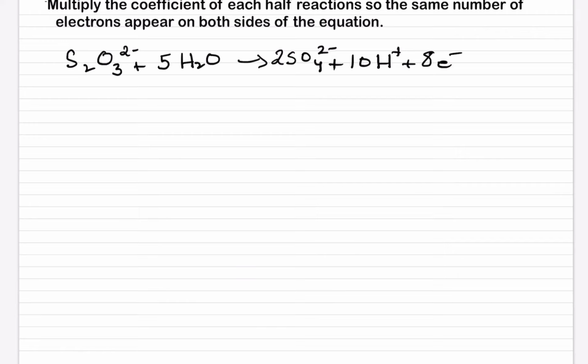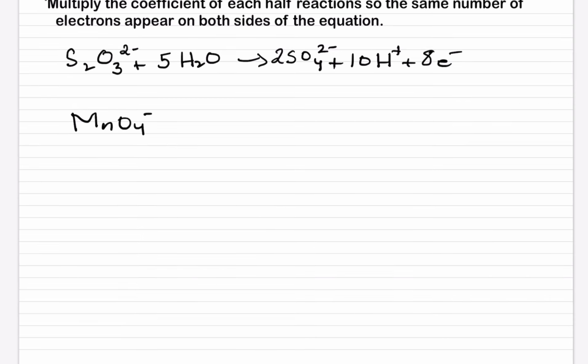And the other half equation, that is MnO4- + 8H+ + 5 electrons will yield Mn2+ + 4H2O. Now if you look at it, you'll see there are 8 electrons in the first equation and there are 5 electrons in the second equation.